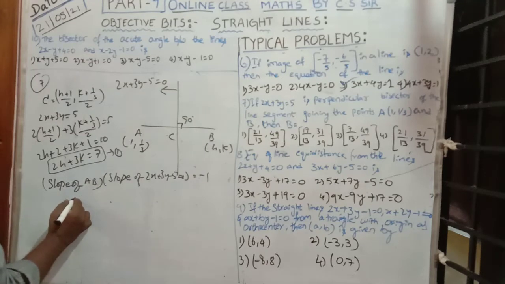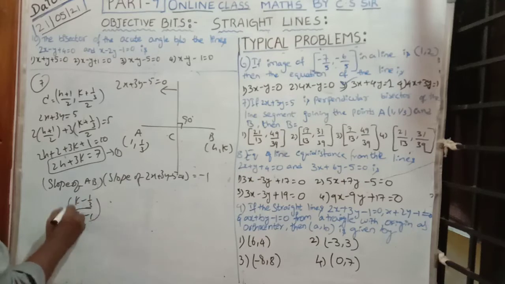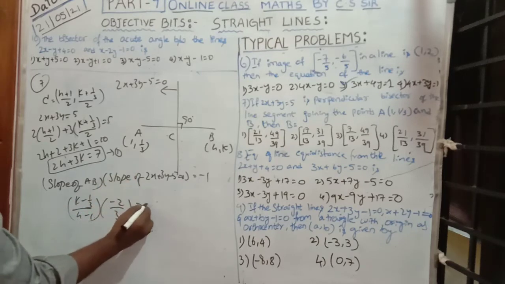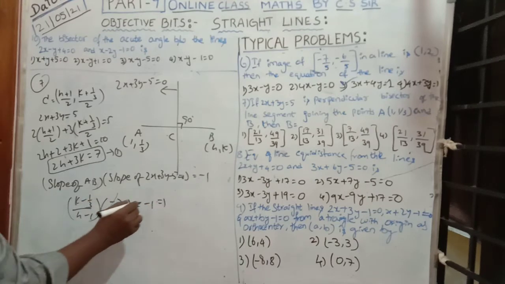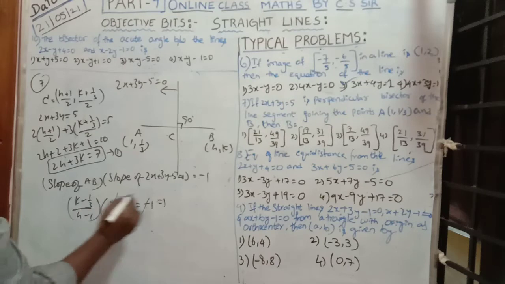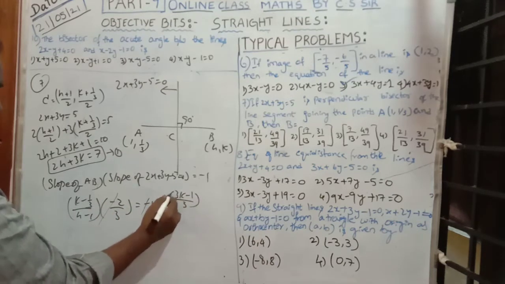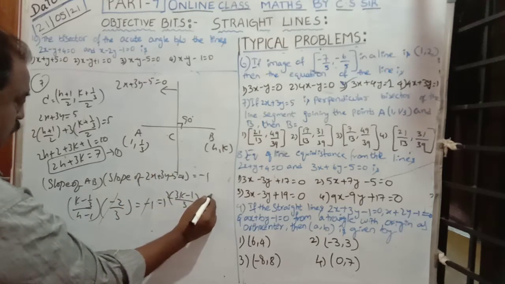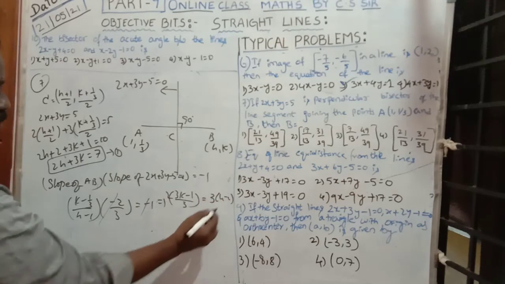The slope of AB is (k minus 1/3) by (h minus 1), into slope of this one, minus 2 by 3, is equal to minus 1. That implies this minus cancels. It is 3k minus 1 by 3 into 2, and 3 of h minus 1.